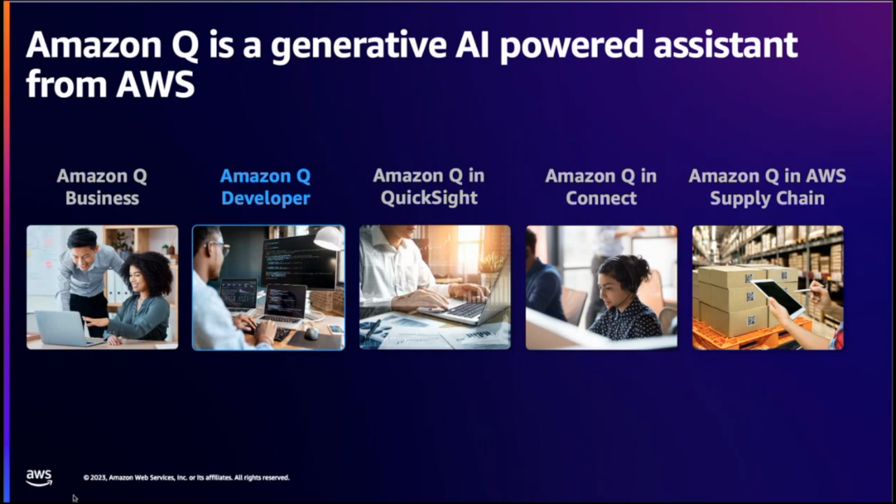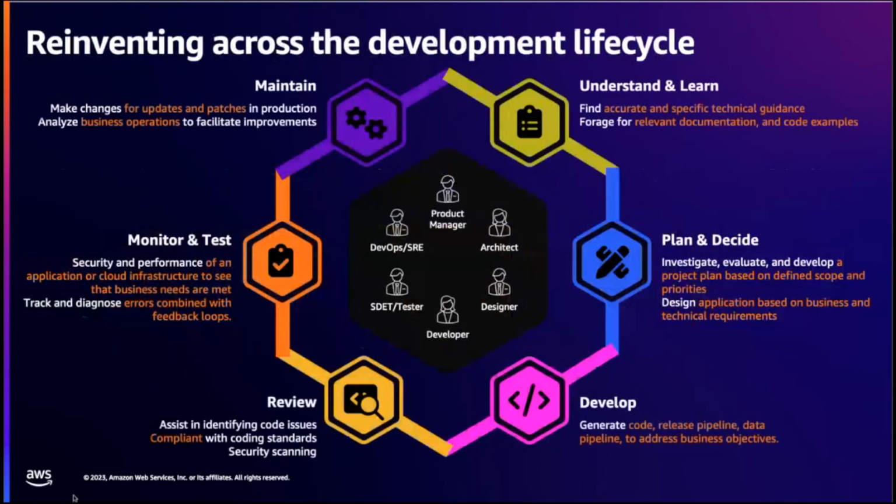But today the focus is to understand the overall development life cycle. As you can see, we have different personas, including architects, designers, developers, builders, testers, DevOps, SRE, product managers, and so on and so forth.